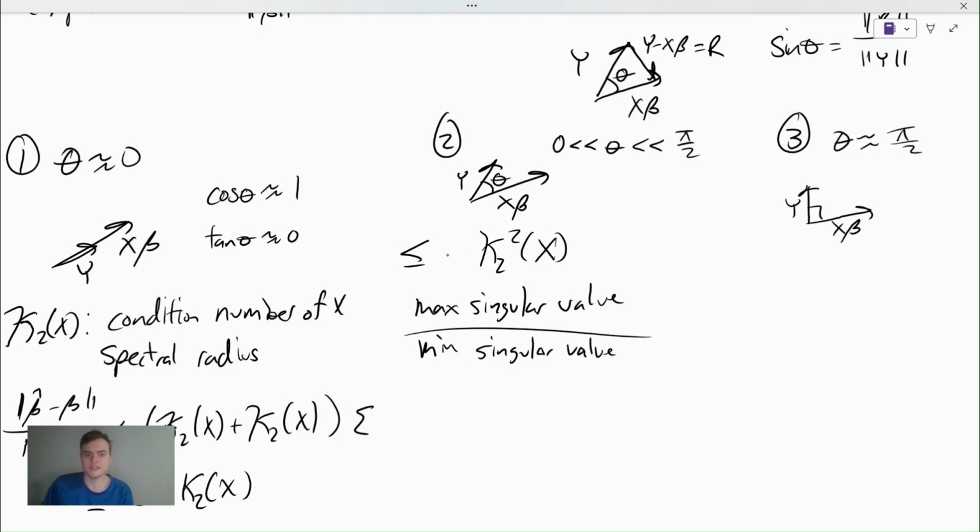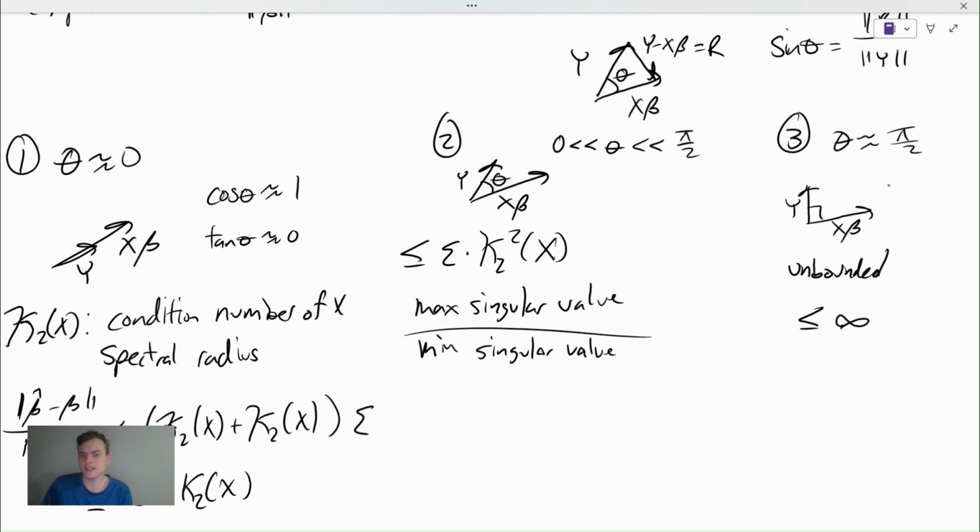So less than or equal to eps times k2 squared is our bound in this case. And then in this third case, it's unbounded, right? They're completely orthogonal. The linear model would not be appropriate in this case. The x and y are ill-conditioned to this problem, so it's basically less than or equal to infinity, right?